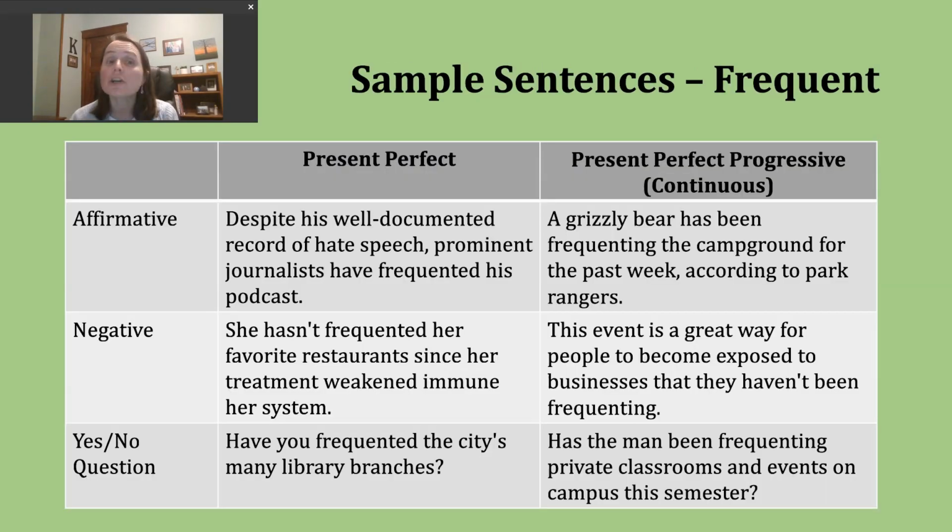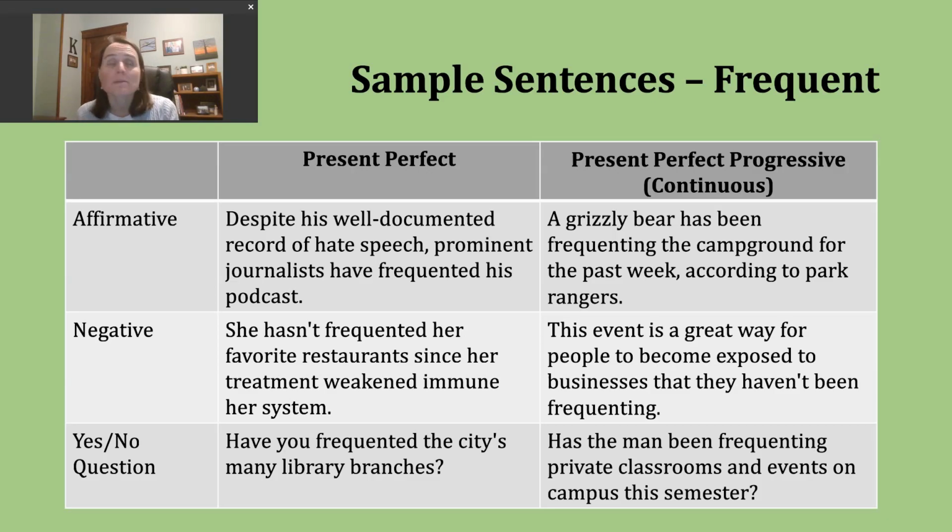Today, I thought it would be good to review the present perfect and the present perfect progressive. These two verb tenses are frequently confused, and I have always had a number of students that have tried to better understand and work through the slight differences. With both of these verbs, we can describe an action that started in the past and one that continues into the present.